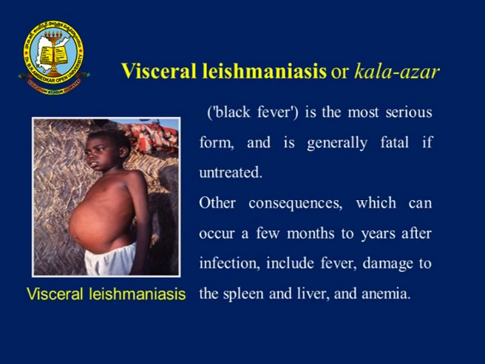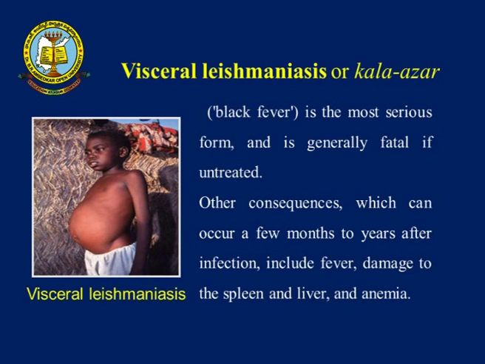Now, coming to the last of the Leishmaniasis diseases, that is visceral Leishmaniasis, and this is a very fatal one if untreated, and it is also called Kala Azar. Why? Because it is called black fever, where all the visceral organs are going to become black, because of anemia probably.